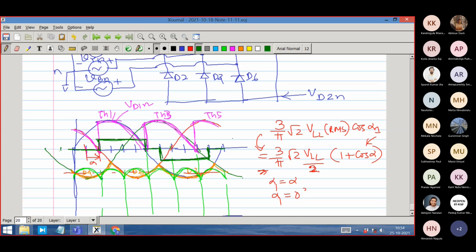A little interesting thing has happened. This is TH1 and this is D2. If you do the Fourier analysis again, you will see that this becomes an angle of alpha by 2, cos alpha by 2, as you had seen in the case of a semi-bridge converter for the single phase.